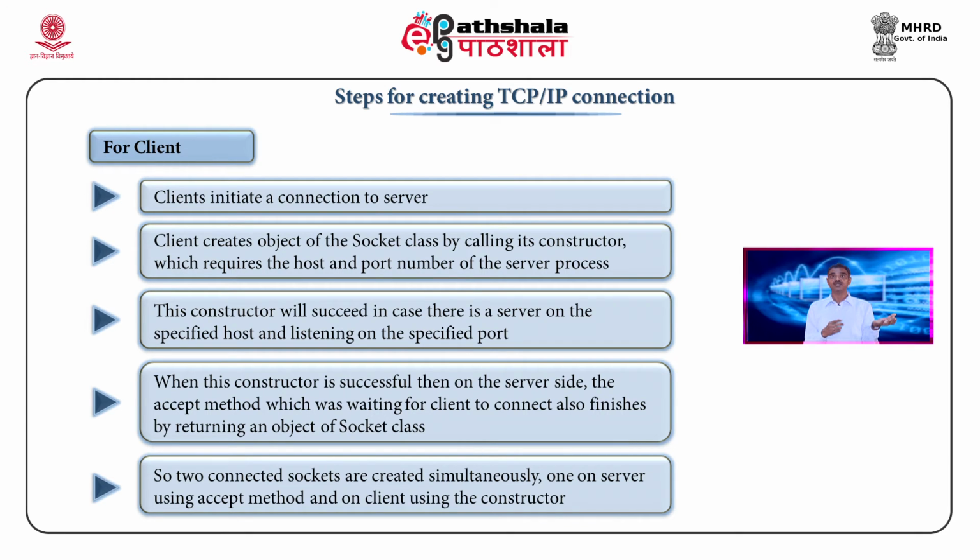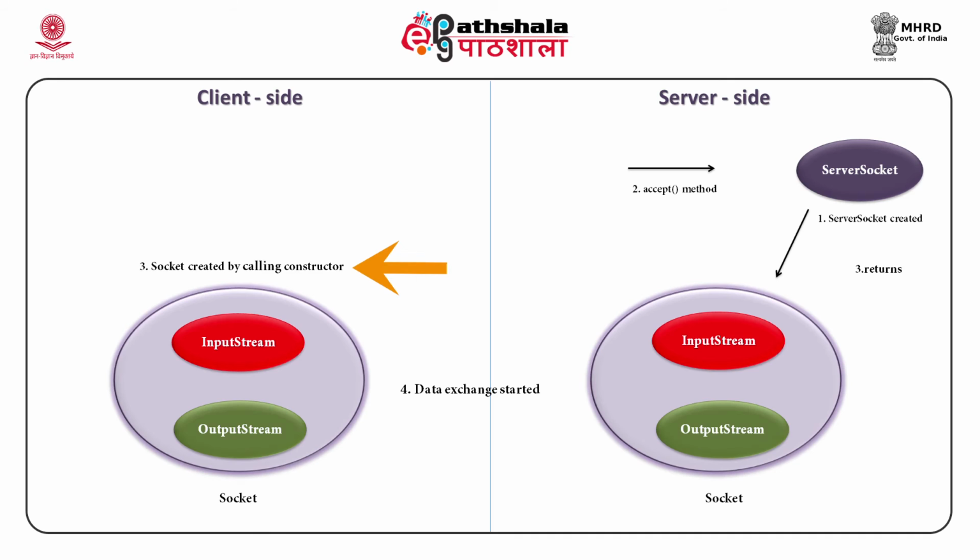So, what is happening at this time? On the client machine a socket is getting created because of the constructor, but look at the other side also. At this moment on the server side, the second step was a blocking method, blocked waiting for a connection from the client, and here is a connection from the client. What does that accept method do?